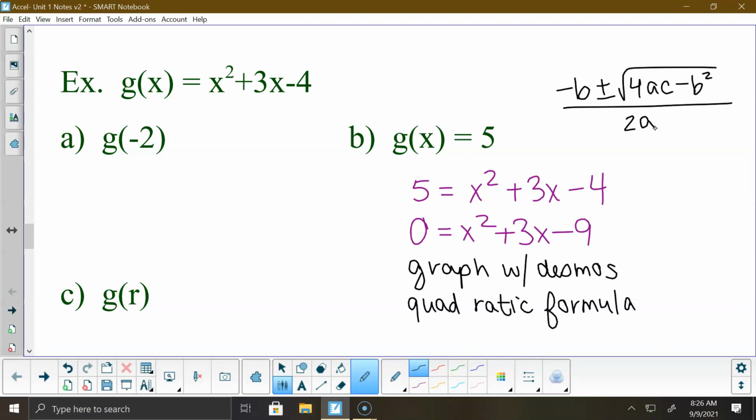Oh, it's b squared minus 4ac. Yeah, I got the order wrong because everyone was shouting 4ac. All right, but these only come secondary to after attempting to factor.